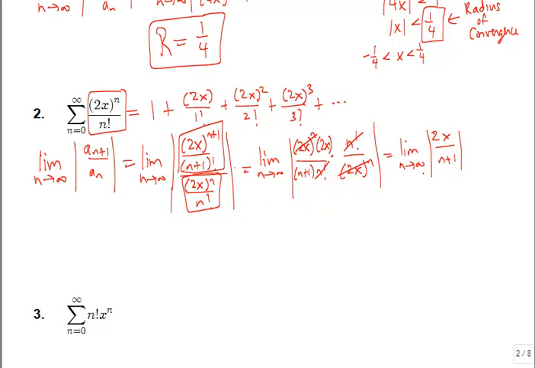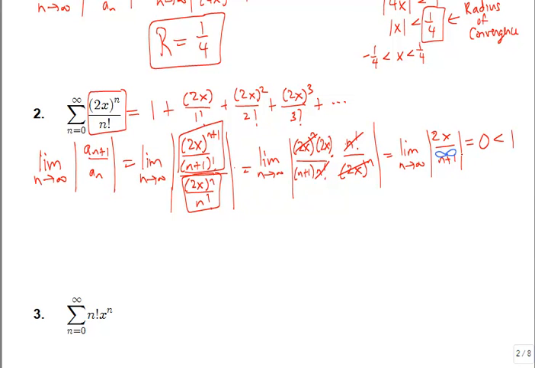So what's going to happen to this as n goes to infinity? And you want to think of x here as basically just being a constant. So this is a fixed constant on top, and n is getting bigger and bigger in the bottom. So this is going to infinity on the bottom, and the top is fixed. So 1 over something big gets small. And that is less than 1 always, and that's what we want to happen for the ratio test.